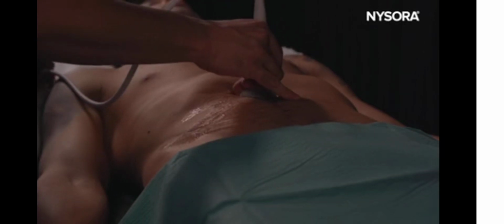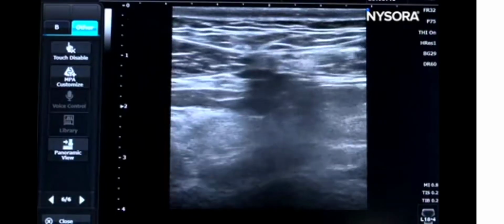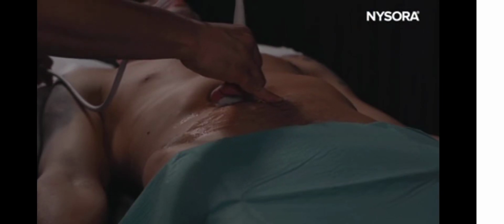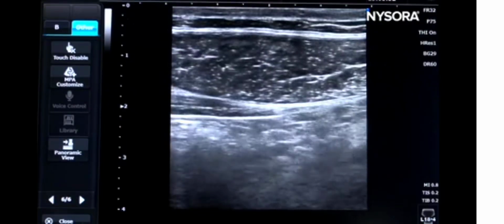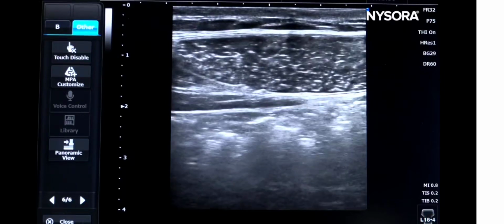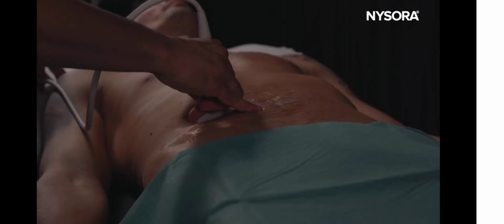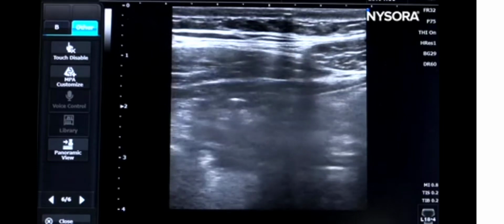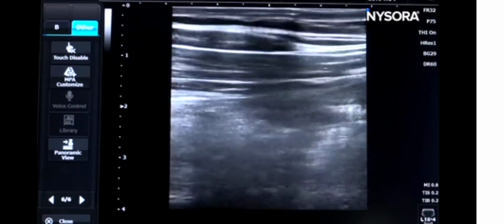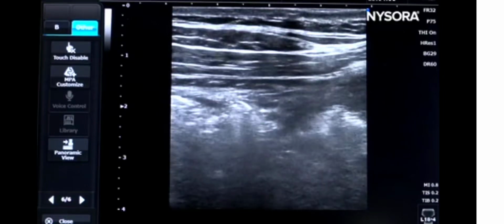So, starting point, a bow tie sign with the rectus muscle along with the rectus sheath, moving the probe laterally, looking for the first muscle that's starting below the rectus muscle, the transverse abdominis, moving more laterally, looking for the internal oblique, and then you have another muscle coming in the view, which is the external oblique.